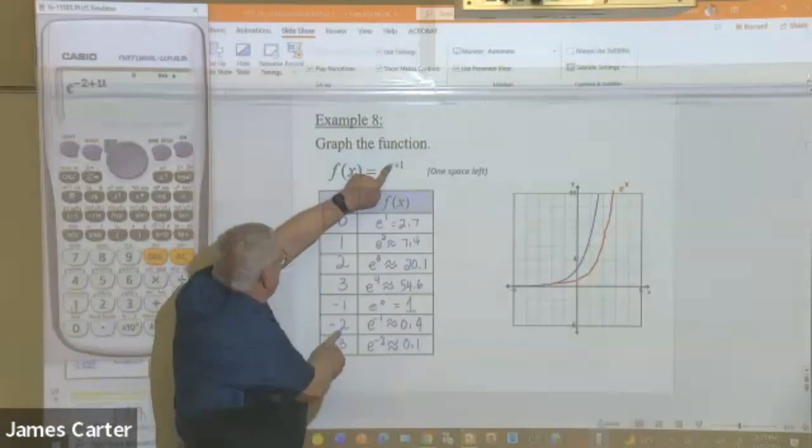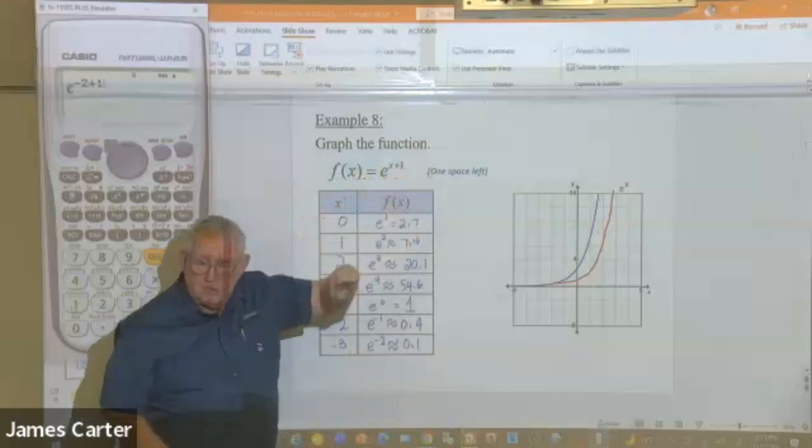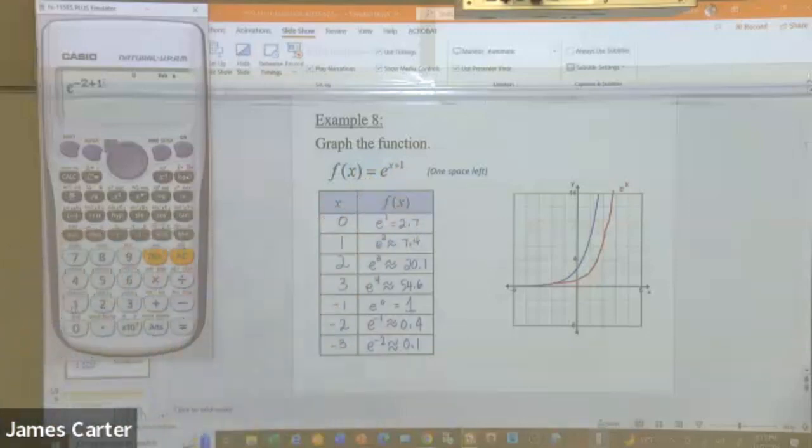Now this may force me to put parentheses around that, and I think I've got an extra space in here that may mess me up.